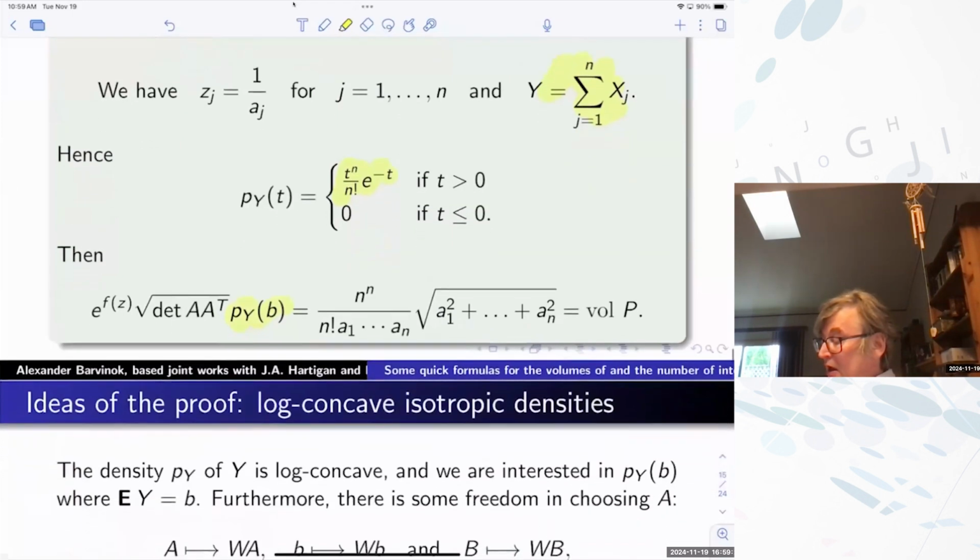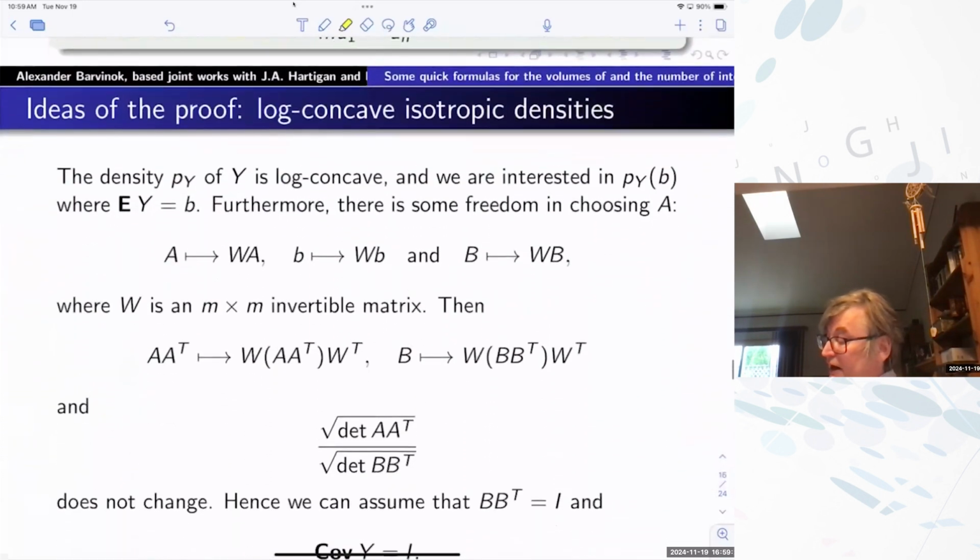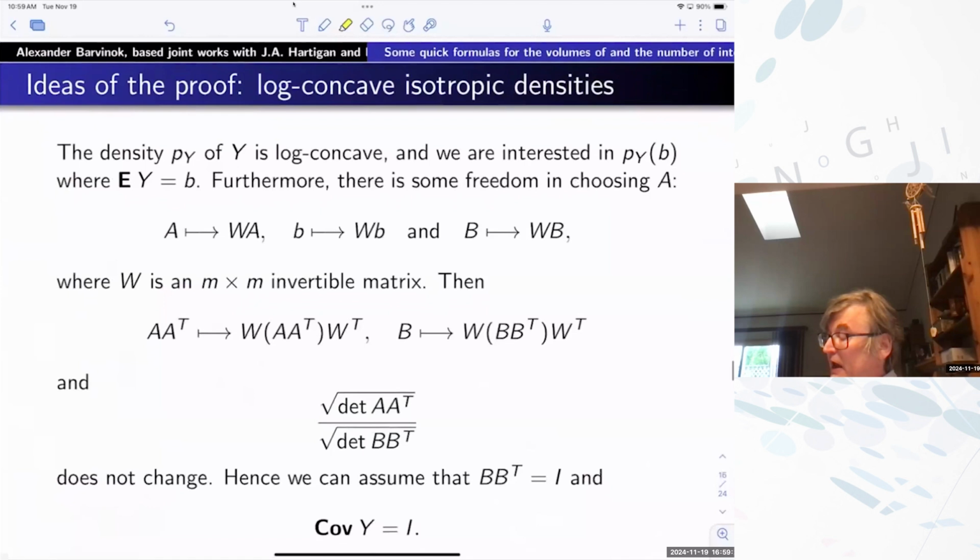Right. So it turns out that, yeah, that's what I'm explaining here, that we have a log-concave density. We're interested to estimate its value at its expectation. And we can always think of it as isotropic with covariance identity because we have a choice of choosing that particular matrix that defines the affine subspace.